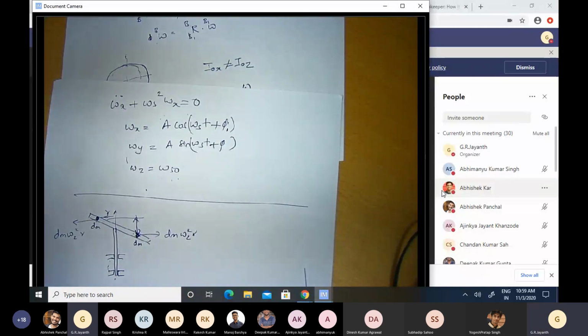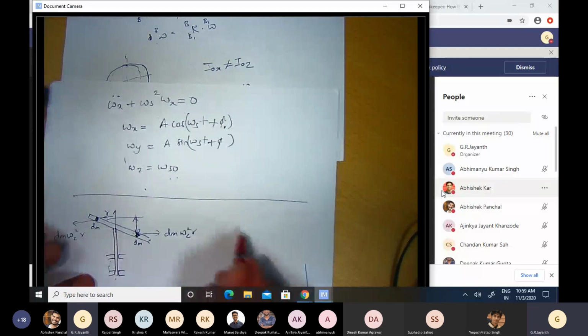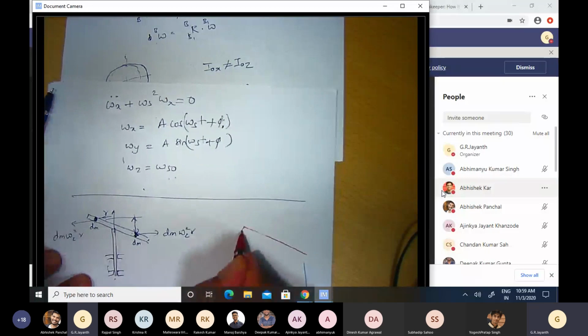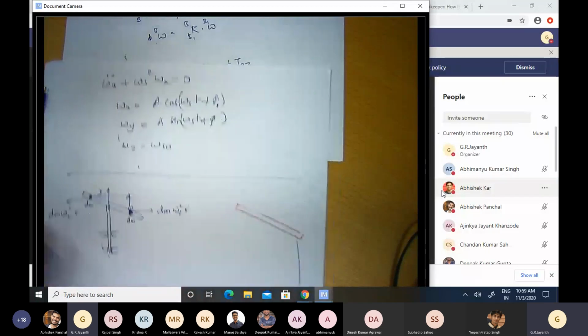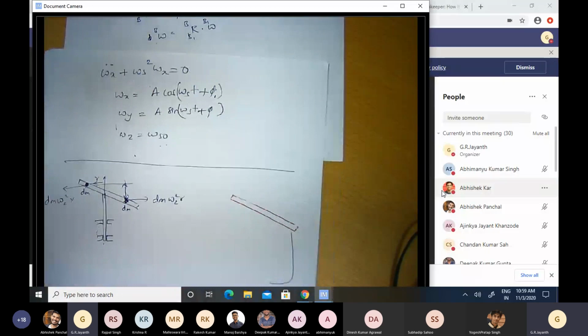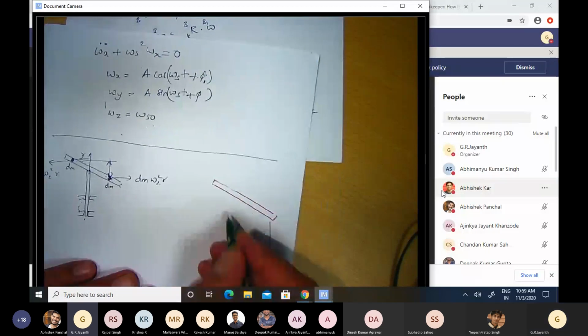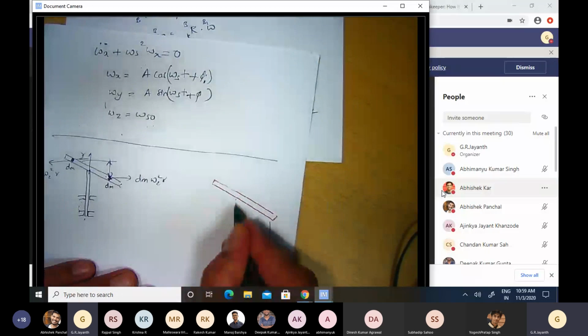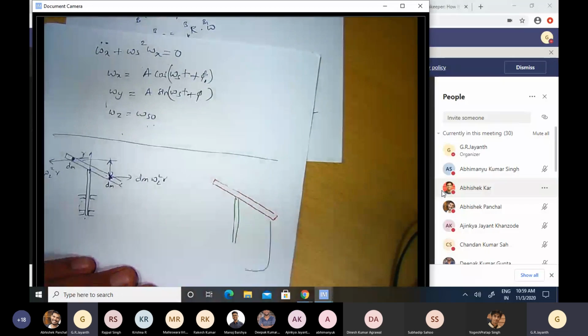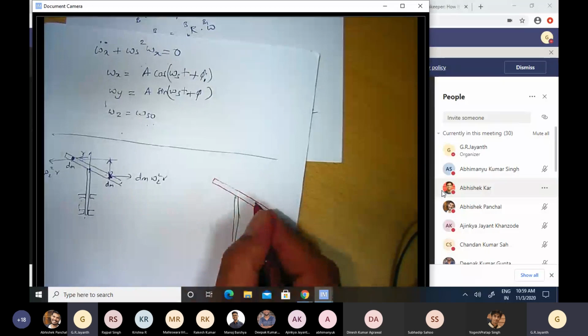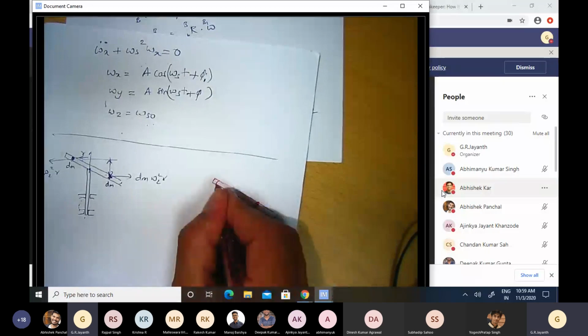So if I were to replace this swash plate with a spinning wheel, and this time I'm drawing it in red color, whether you're able to see it or not, I don't know. I have the shaft. What happens in the case of the spinning wheel? I'm sorry, I have not drawn the shaft symmetrically. Consider the same two elemental masses.